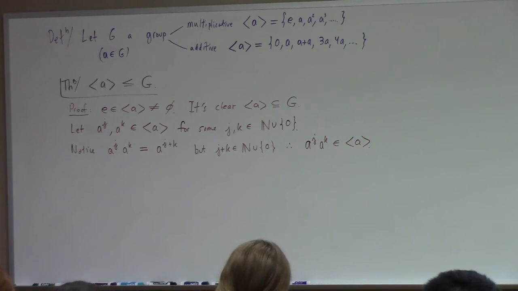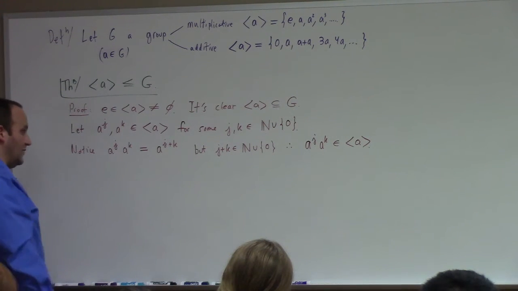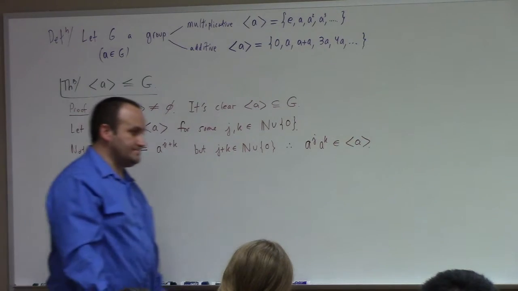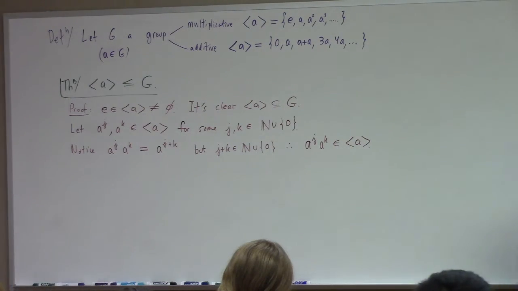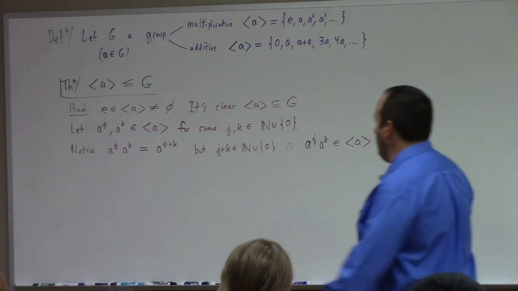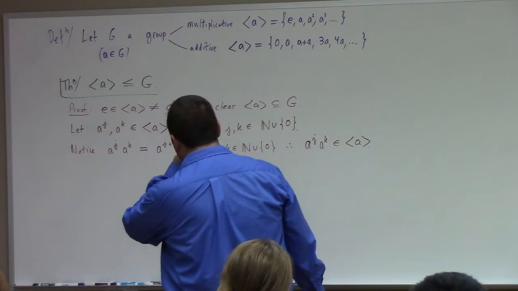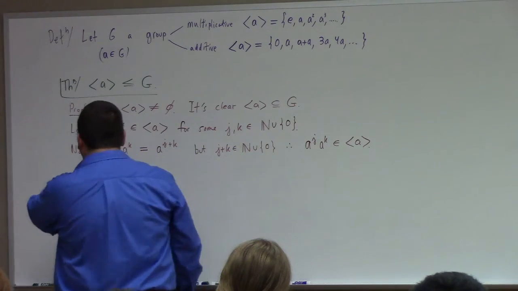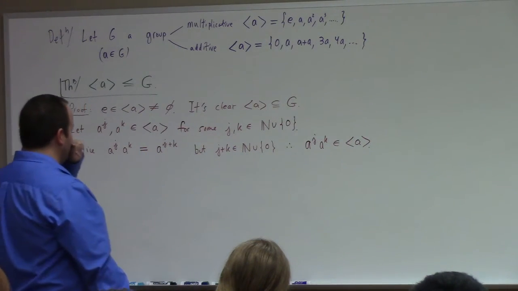So what does it remain to do? What else do we need to show? I'm using the two-step subgroup test, right? So the thing I need to check still is closure under inverse, right? So, oh, I think I'm wrong. I'm sorry, guys.